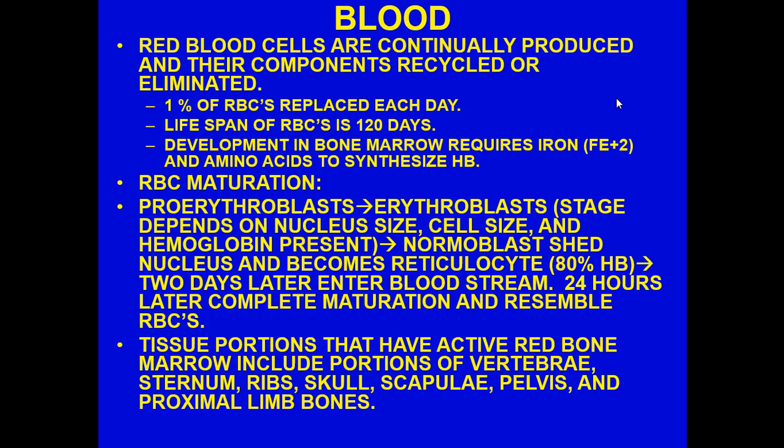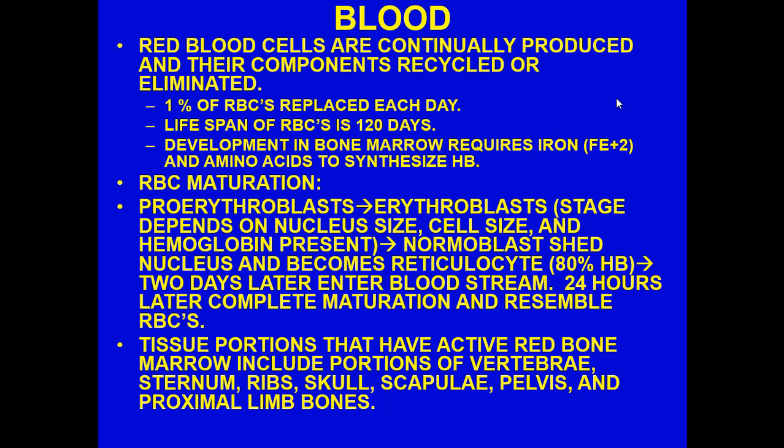Then you convert over to erythroblasts, which stage depends on the nucleus size, cell size, and hemoglobin present. Then you have a normoblast, which sheds off the nucleus and becomes a reticulocyte. It contains about 80% hemoglobin. 2 days later, you enter the bloodstream. 24 hours later, you have complete maturation and resemble red blood cells.